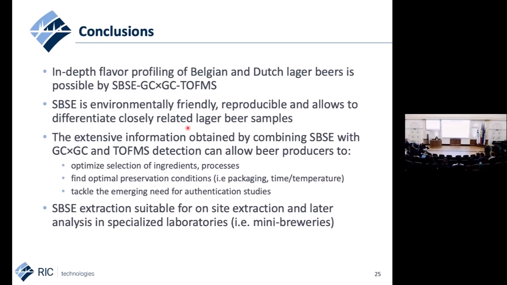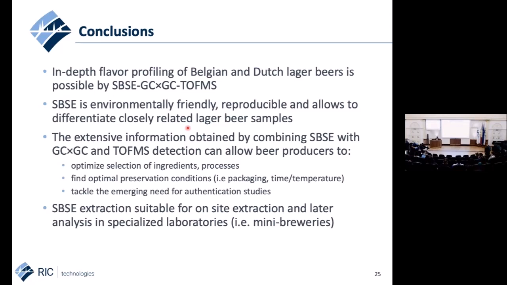Now, in conclusion, we can get in-depth flavor profiling of Belgian and Dutch beer, probably of any other type of beer, using SBSE, GC times GC, and TOFMS detection. SBSE is very interesting. Why? Because it's environmentally friendly, it's reproducible, and it allows us to differentiate closely related beer types.